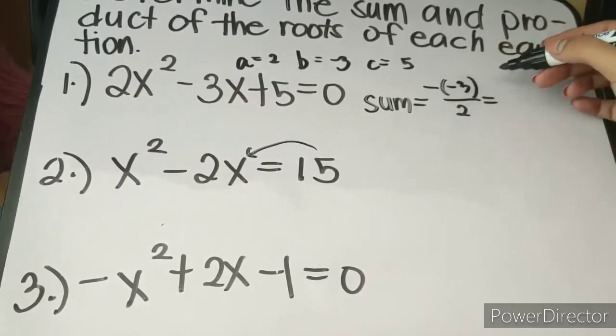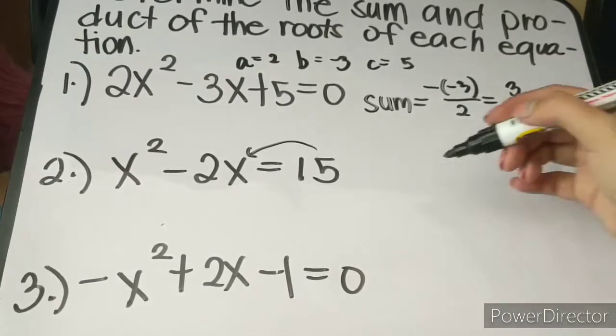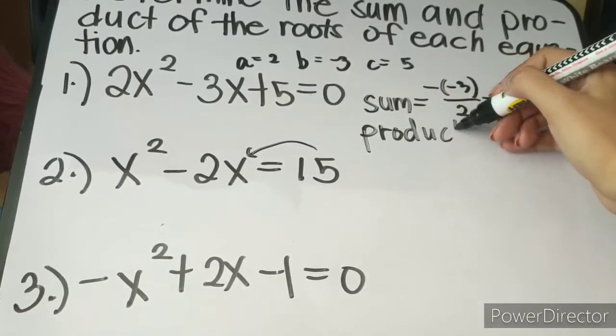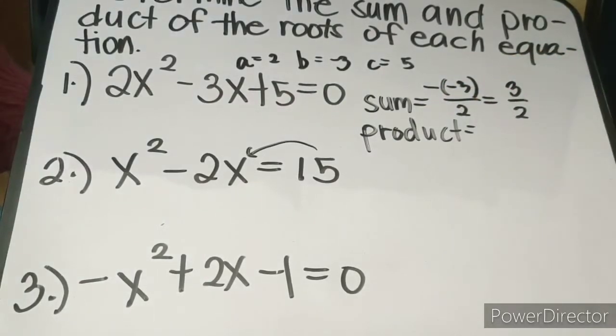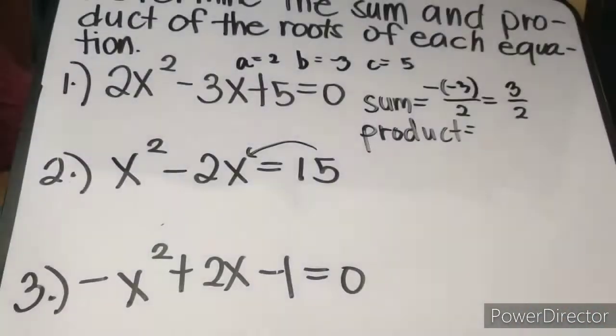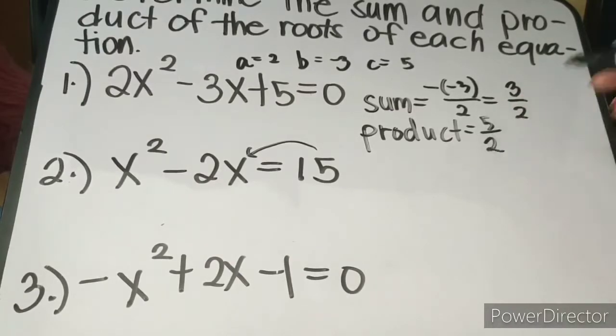So, that is negative times negative 3 is positive 3 over 2. So, this is the sum of our roots. And then, let's have now the product, which is kung ano yung c over a. C over a. Ang c natin is 5 and our a is 2. So that will be our product.